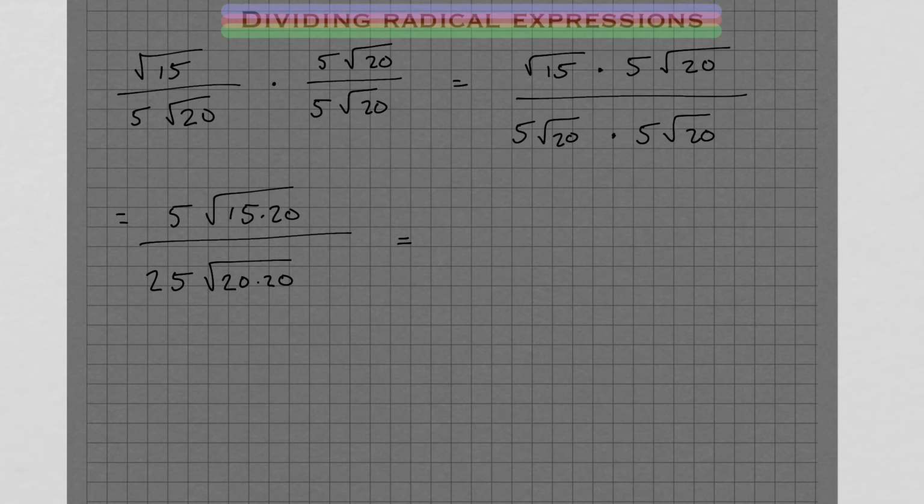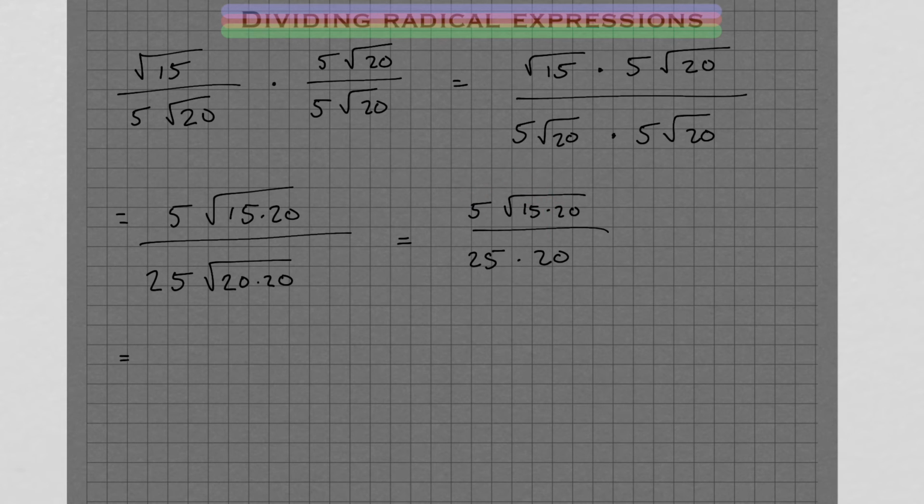So what we get here is 5 times the square root of 15 times 20 divided by 25 times 20. Now what we want to do is factor these out and find if we can bring anything out.